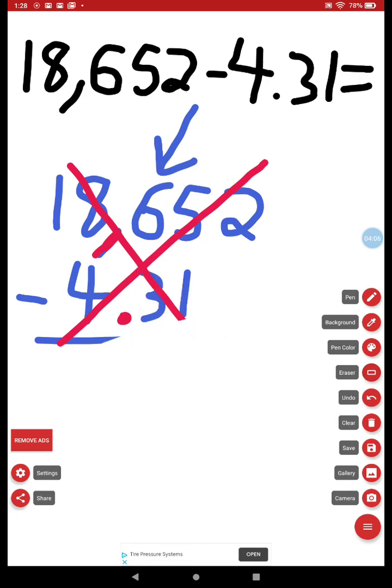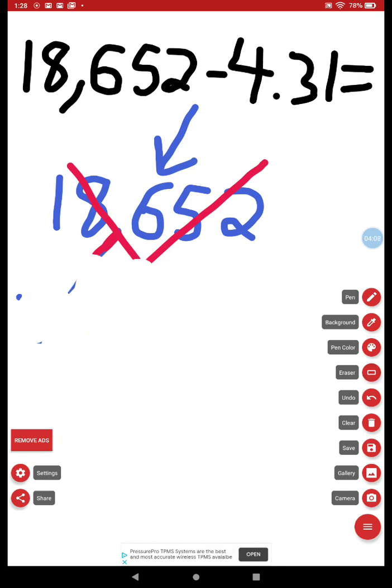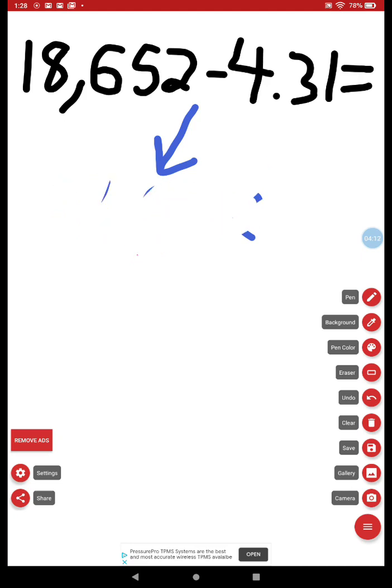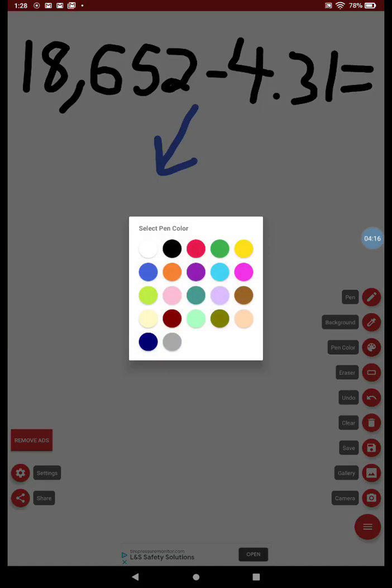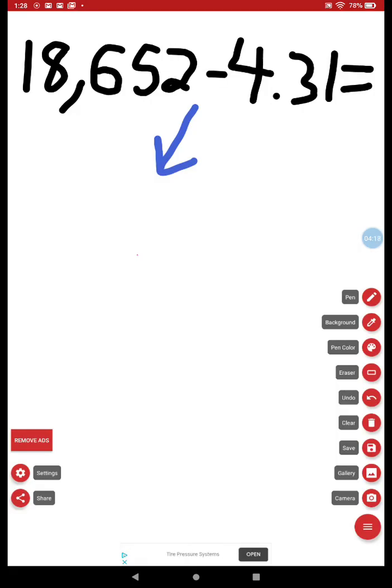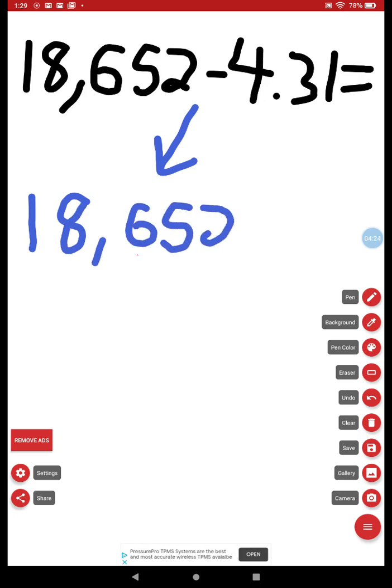Here's how I'm going to do it instead. All right. I am going to write 18,652 on top. Now, 18,652 is a big number, but just like any whole numbers, where does the decimal place go?